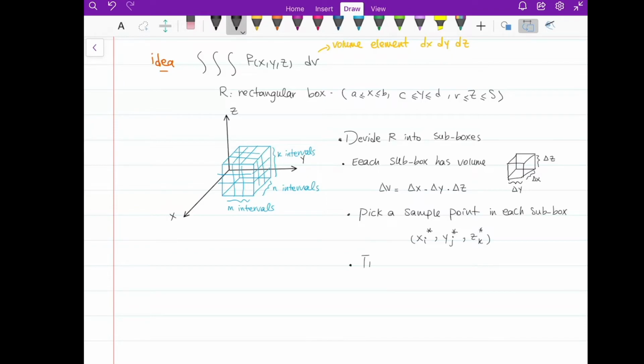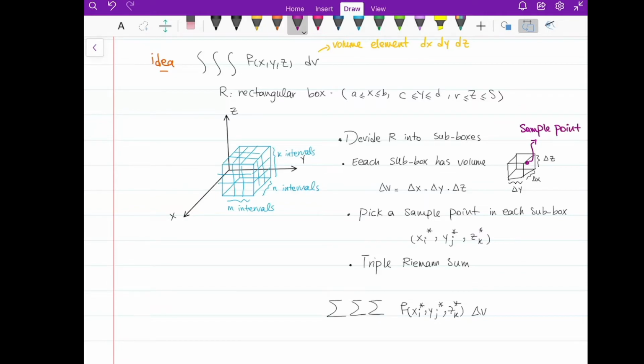And then we're going to write the triple Riemann sum, which is the sum of the volume of the box times the value of the function at the sample point xi star, yj star, and zk star.